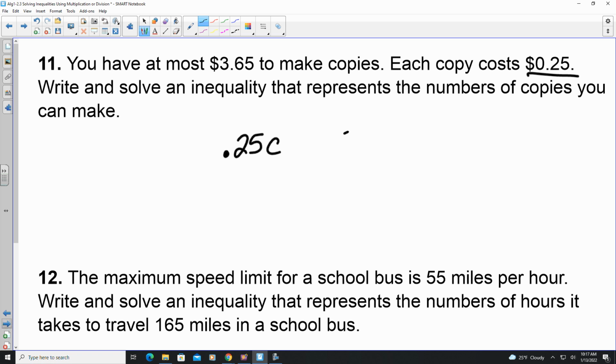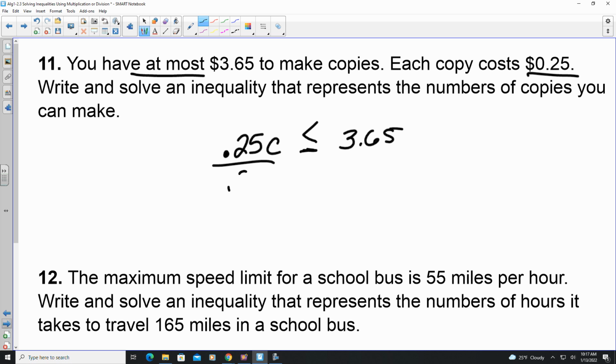You currently have $3.65. It says at most, so again, this is equal to, but the inequality I plan on using is less than because if you make too many copies, you are going to go over the $3.65 limit of how much you have.